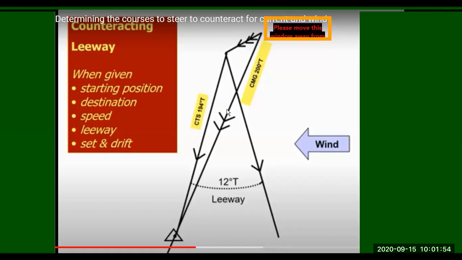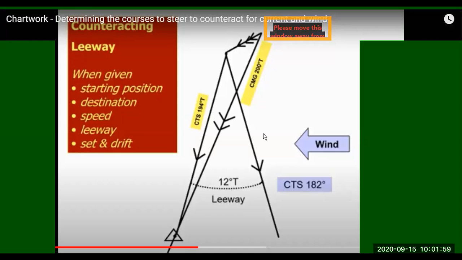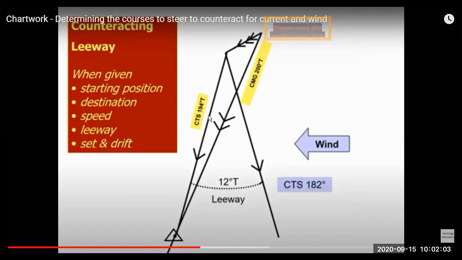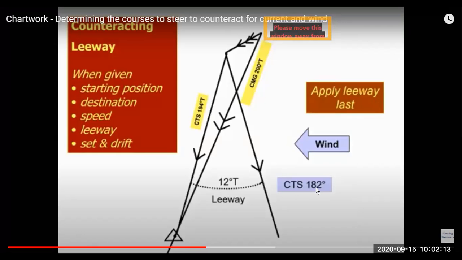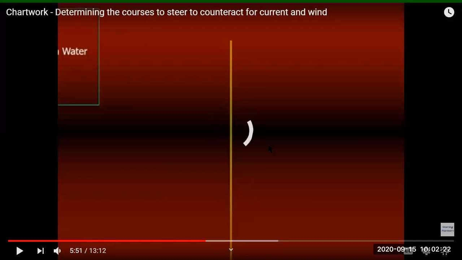In counteracting, we apply the leeway in the direction of the wind, or towards the wind, to counteract the effect of the wind. So if you want the ship to move on 194, that is your leeway track, you have to put the steering on 182, that is your course to steer, so that the ship moves on 194.